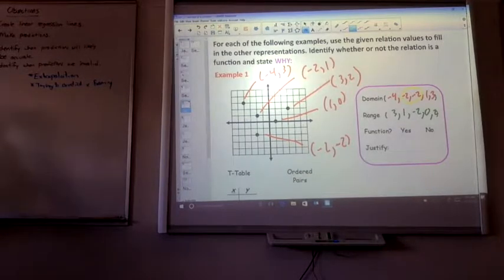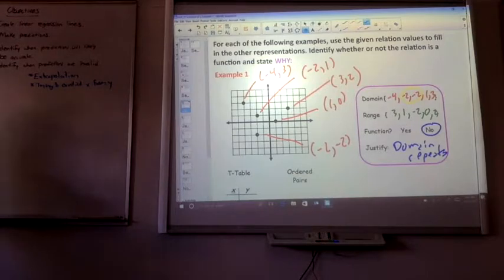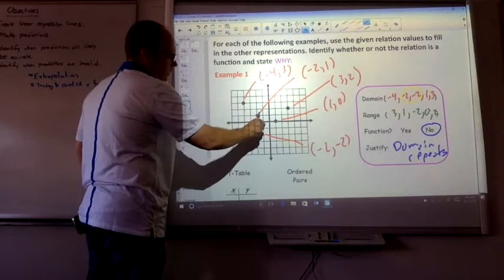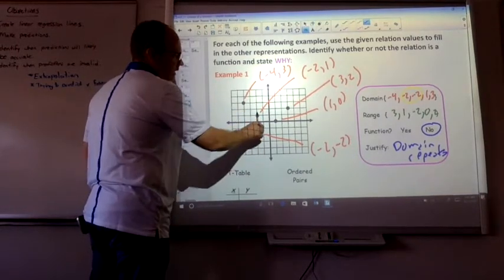Okay? So, function or not? No. Why not? Because if we do a vertical line test, we'll go straight down. So what repeats? Negative 2. Which is the x, which is what? The domain. So domain repeats. And it only repeats once, and the vertical line test does not pass, because if I draw a vertical line anywhere, like this one works, but then if I put a vertical line here, both of those touch.